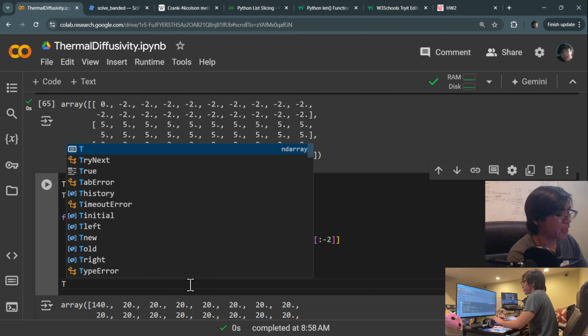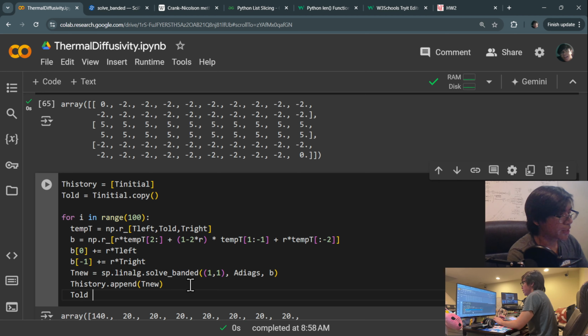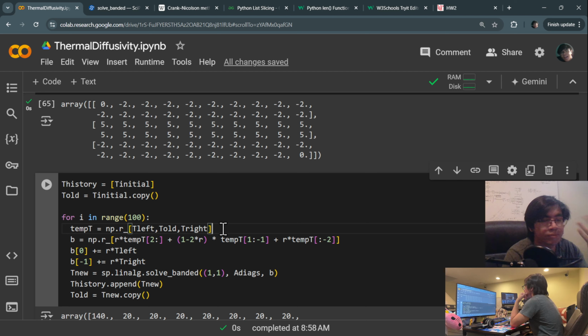And then I'm going to add that to our history, pretty much appending it every time we calculate it, so that append, and then we do T new, and then obviously our T old is now a copy of our T new, again using copy so we don't change our previous initialized array of T initial.